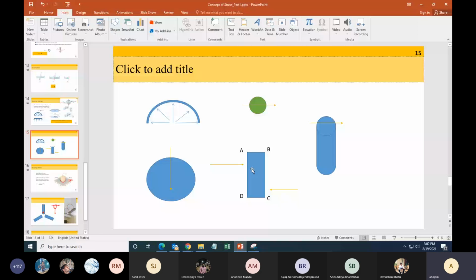If a rectangle becomes a rectangle, but the aspect ratio changes, or if a square becomes a rectangle, but the 90 degrees remain constant, then it is normal stress. Change in shape is due to shear. Change in size is due to normal stress.